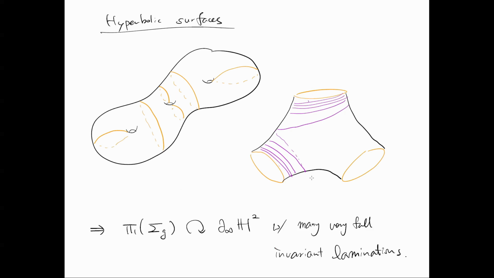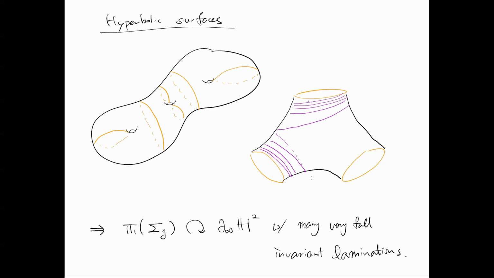And also, since you can do this with infinitely many different sets of curves which cut the surface into pairs of pants, you actually have a lot of different very full laminations on the hyperbolic surface. When you lift this very full geodesic lamination to the universal cover, the pi1 of the surface acts as deck transformations on the hyperbolic plane, which preserve the geodesic lamination you constructed from the surface downstairs, right?